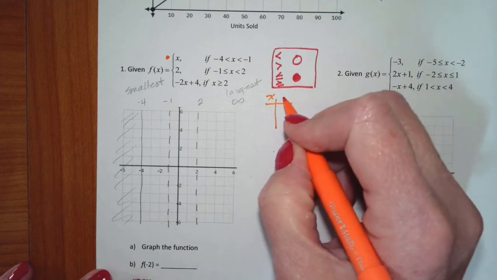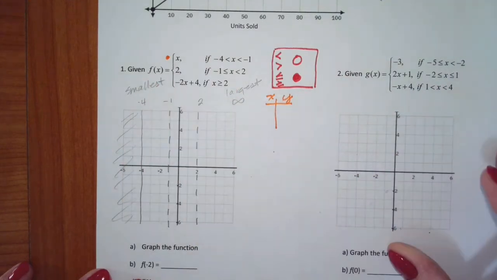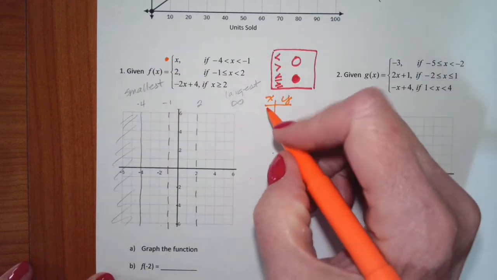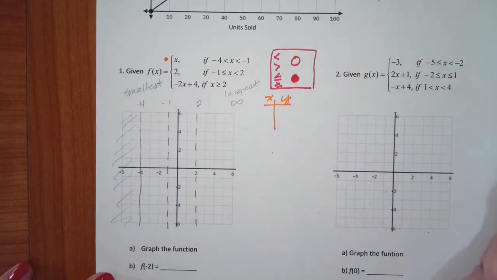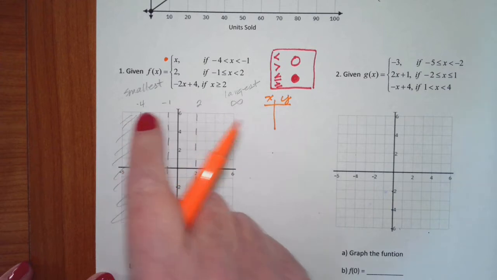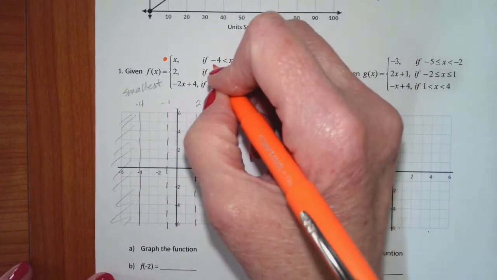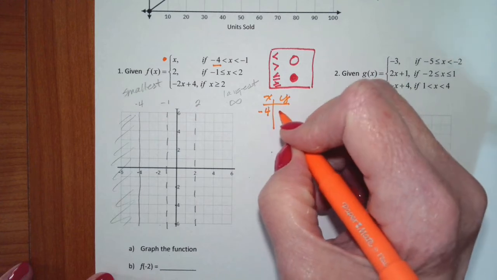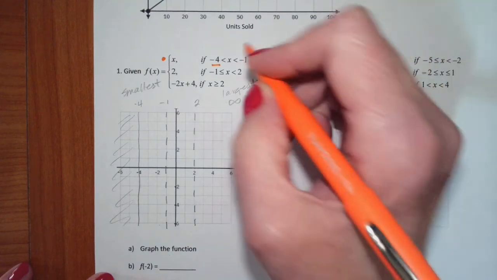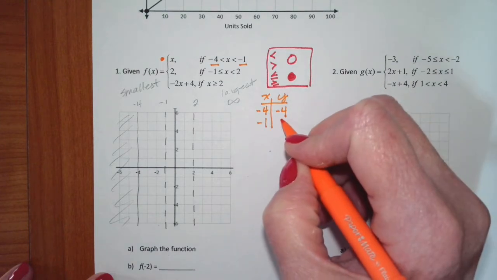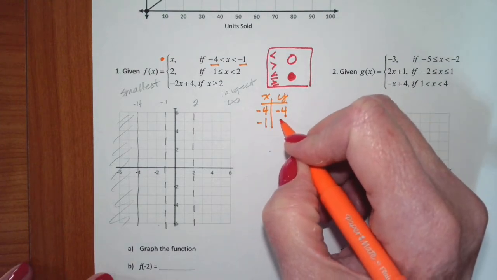So I have x and y, which y is the same as f of x. But the function is x, so whatever x is, y is the same thing. And I'm going to use the 2 ends on that boundary. So I'm going to use -4. So if x is -4, y is -4. And I'm going to use -1. If x is -1, y is -1.